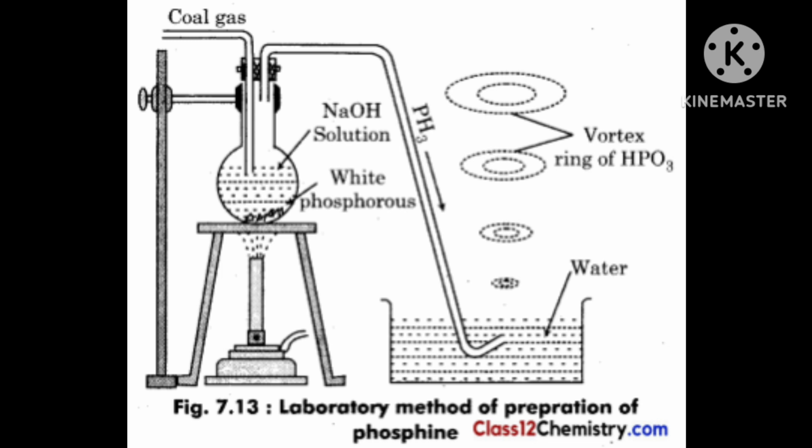Then PH3 plus HBr. HBr is acidic, just like HCl.